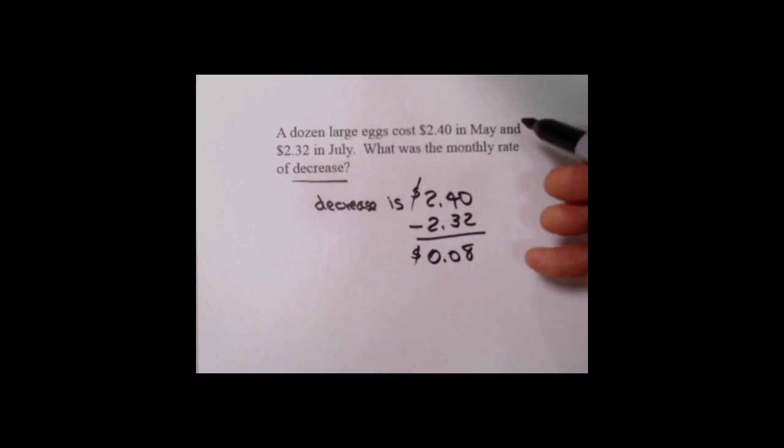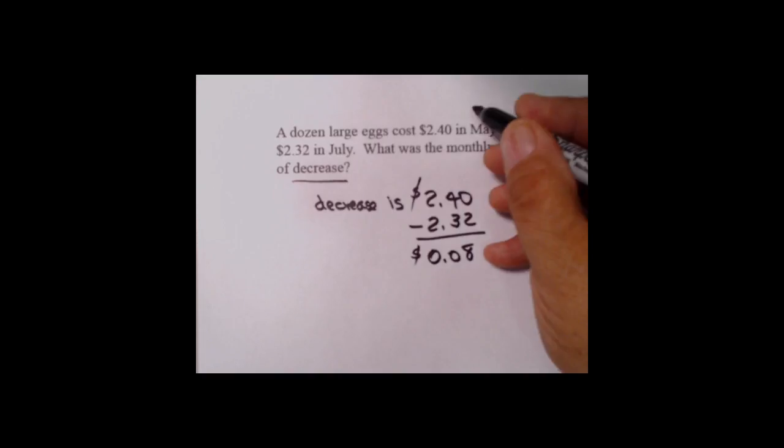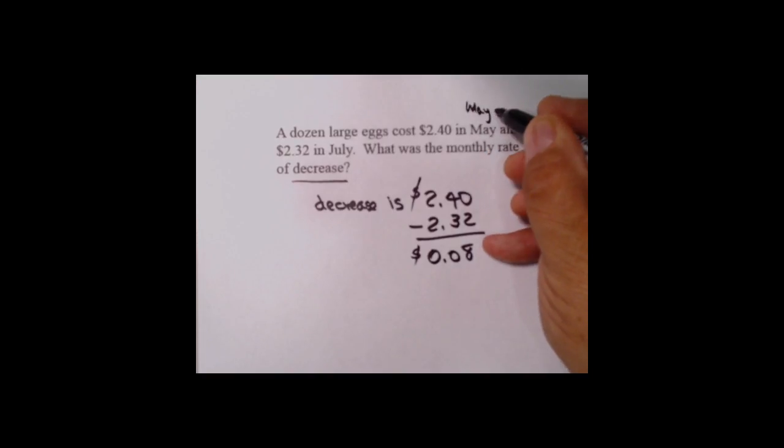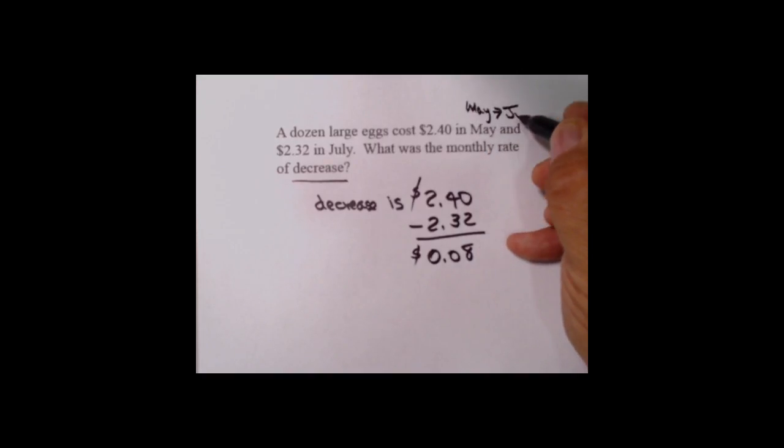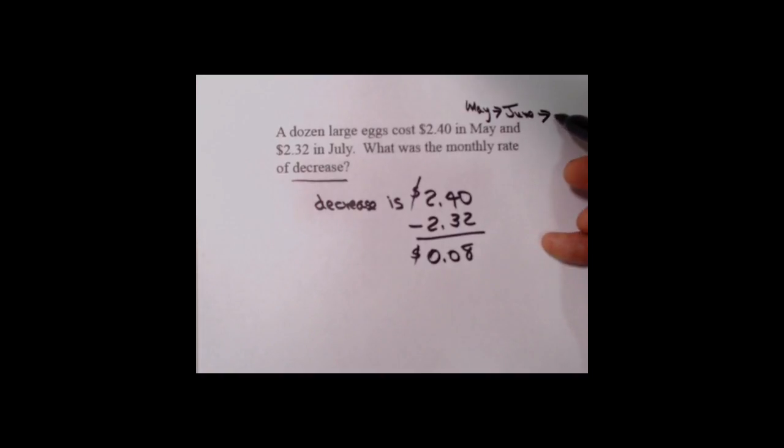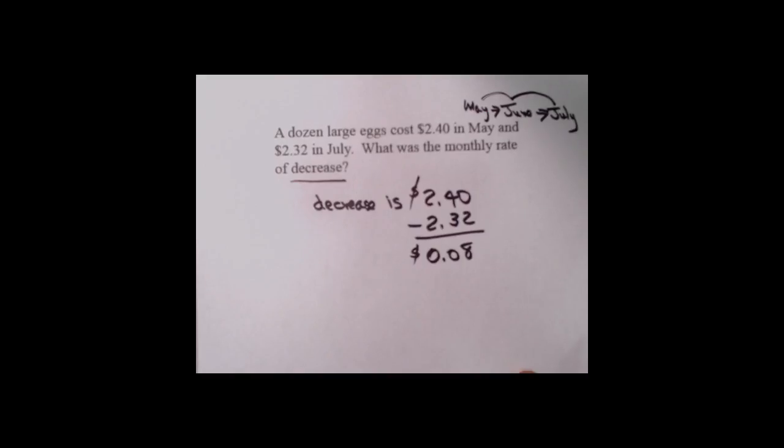Now, how many months? Well, when you go from May, the next you go to June, and then you go to July. So we went 2 months. So here's how we do it.